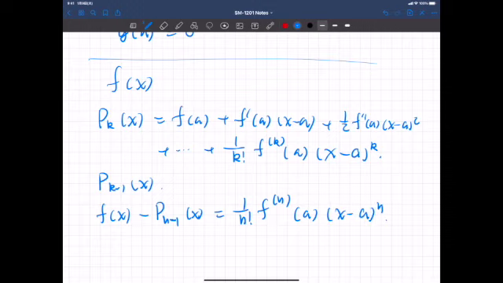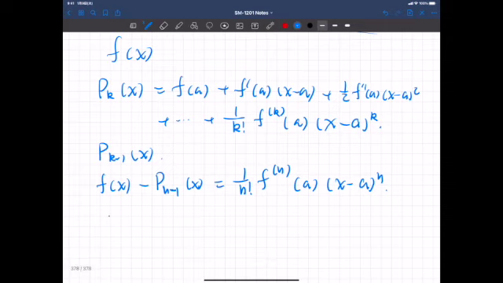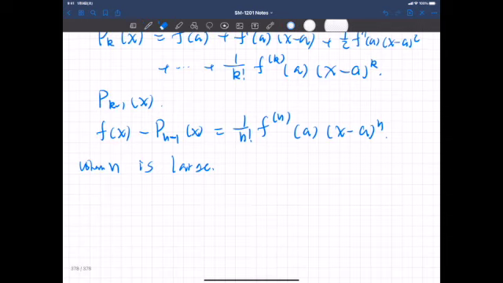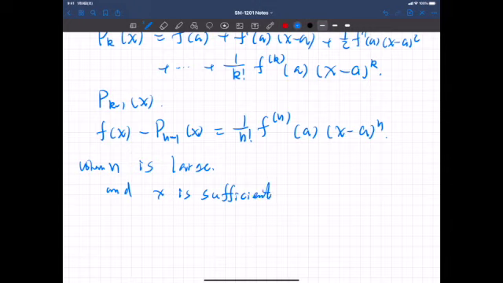Okay. So when n is sufficiently large, and x is sufficiently close to a, that means x minus a is small.